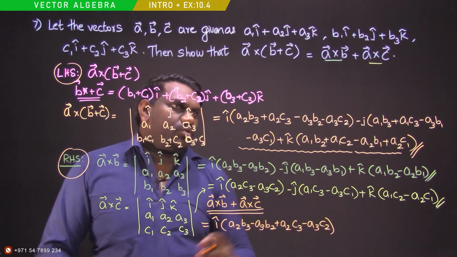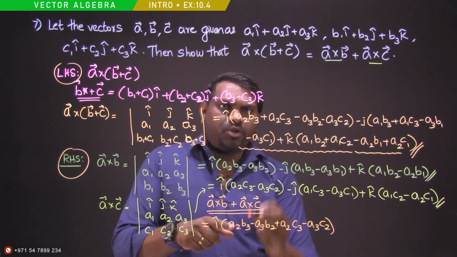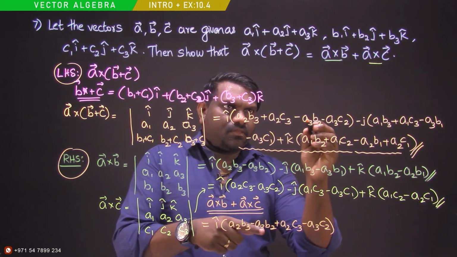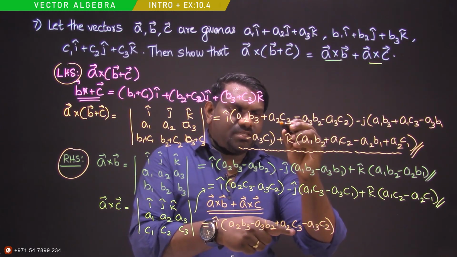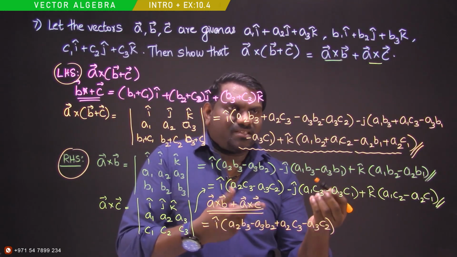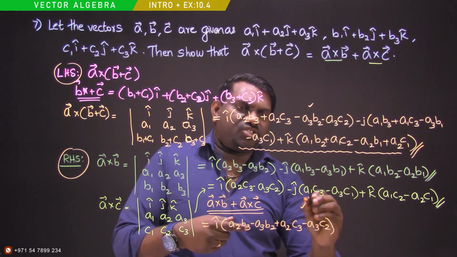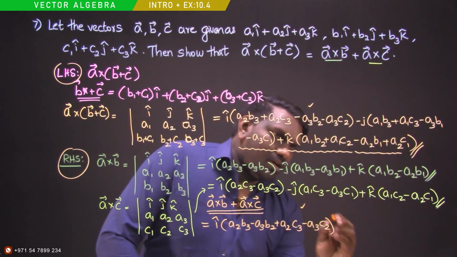Just have a look at whether we have got it right or not. A2 B, yes, it is there. This term is here and this term is here. Yes, check.